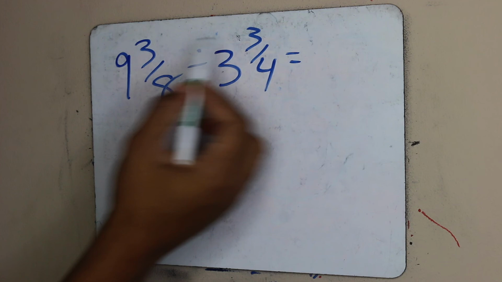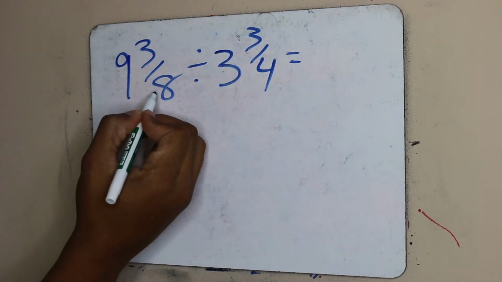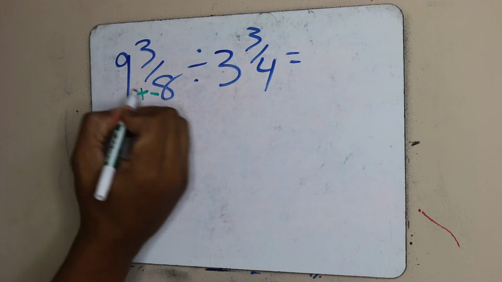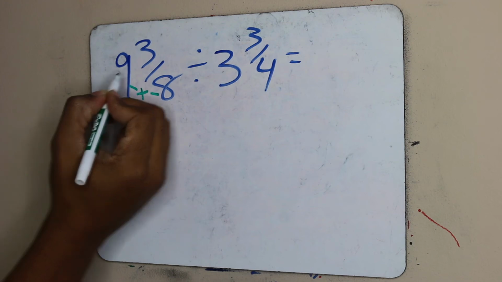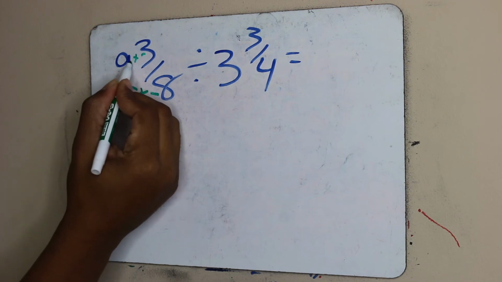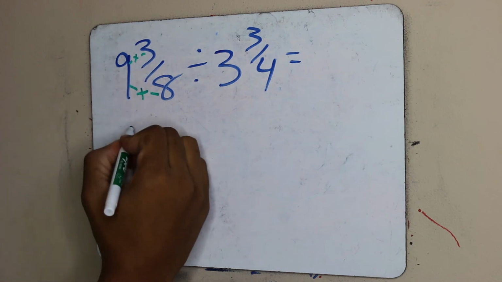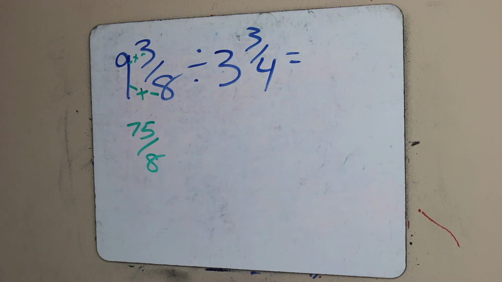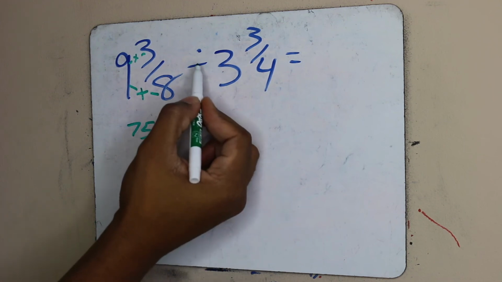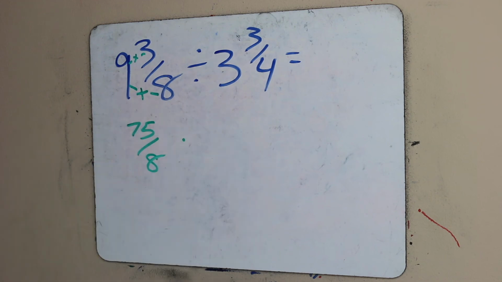First, turn all of this into improper fractions. So let's do it. Remember, 8 times 9, this is multiplication. 8 times 9 is 72. And then we're going to add 3. 72 plus 3 is 75. 75 over the bottom number, 8, denominator 8. This is going to change from a division into a multiplication problem.